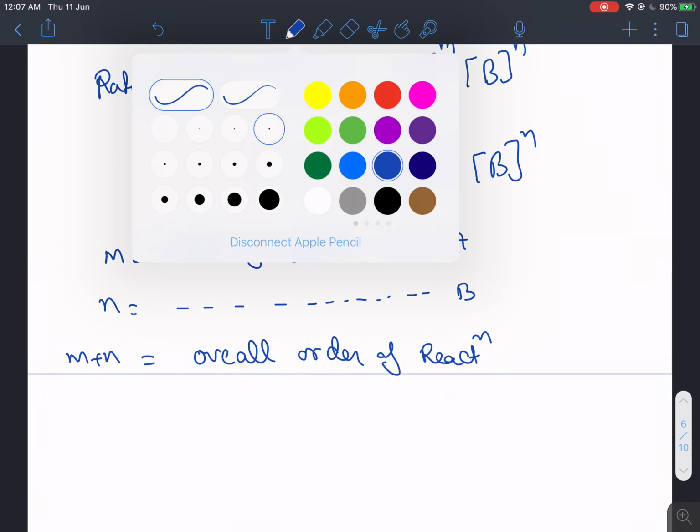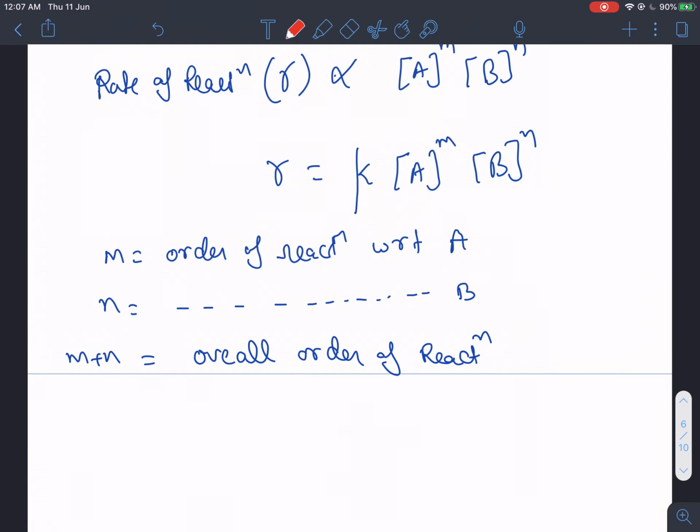Okay, so let's first talk about the unit of rate constant K. So just simply equate the unit of R. The unit of R, since R is rate, is concentration divided by time.